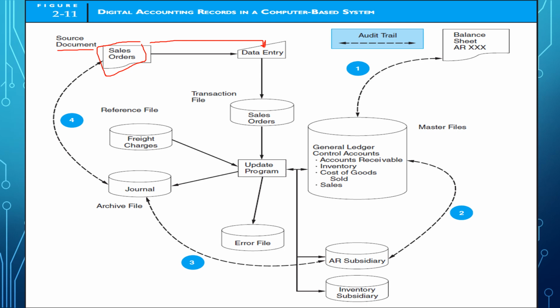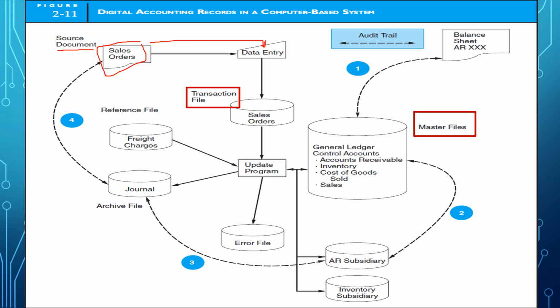Then we will have the sales order. This is the file we call the initial temporary file, the transaction file. From the sales order, it will update three files.